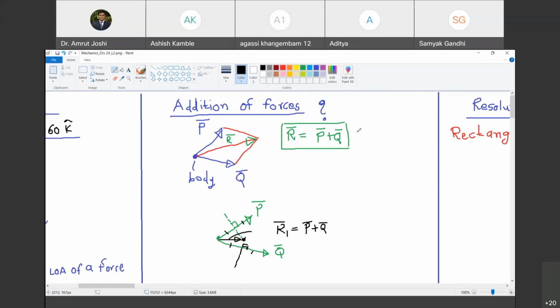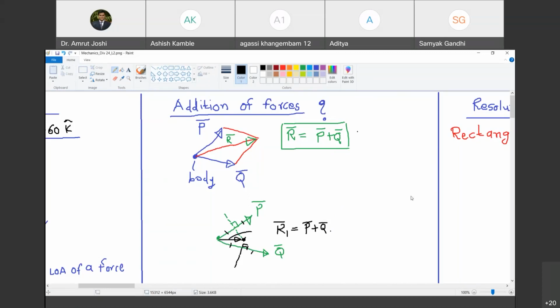If you believe this geometric construction, why don't you believe this geometric construction is my argument? Are you with me? Yes, sir. Anyone has an answer for this? We have simply believed a geometric construction called the parallelogram law to define addition of forces or vectors. Then I will ask you to believe another geometric construction and call it P bar plus Q bar.